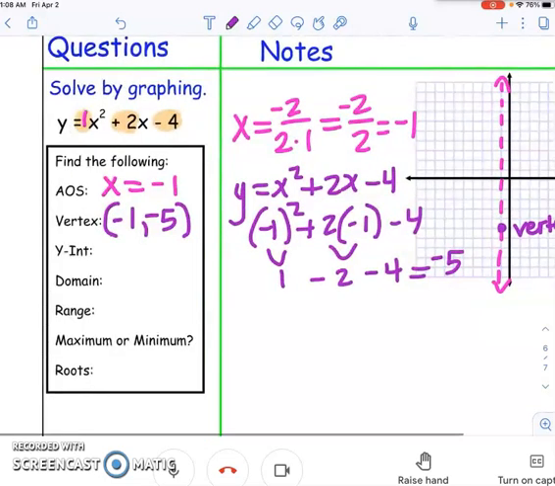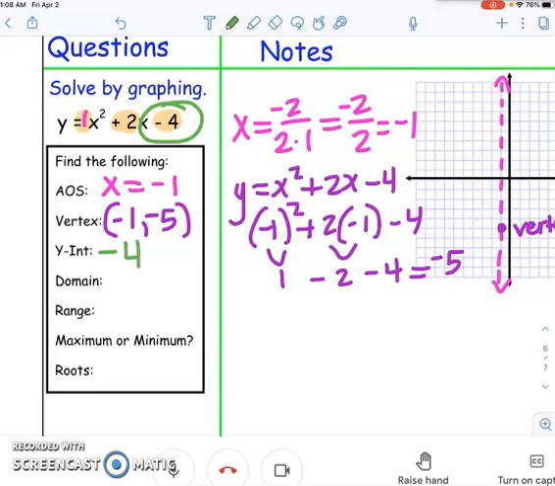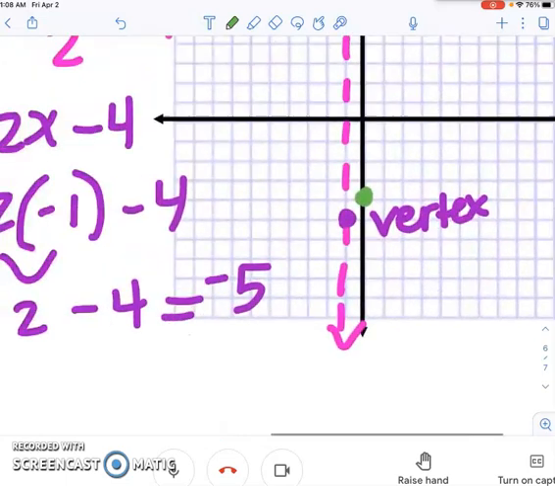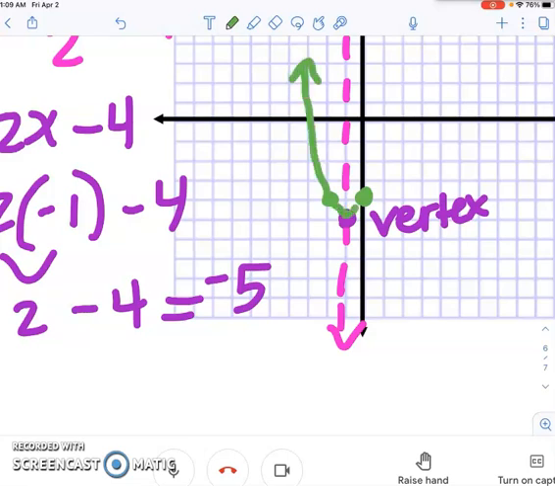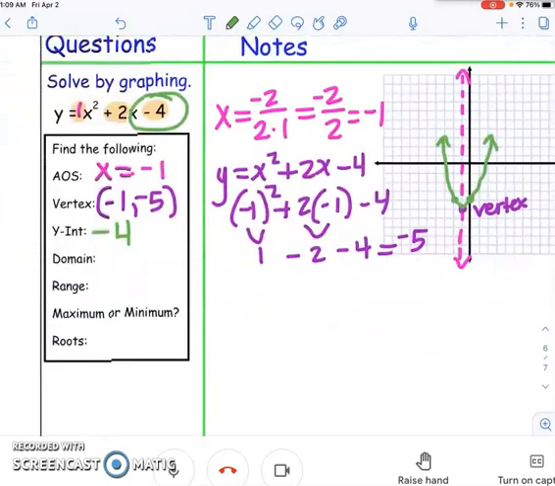My y-intercept is negative 4. So negative 4 is right here. If I zoom in, negative 4, and then reflect it to the other side, and draw your graph. And remember, we're estimating these intercepts.